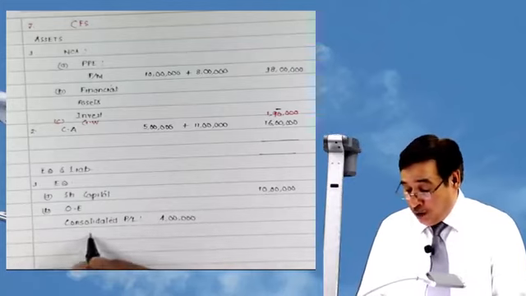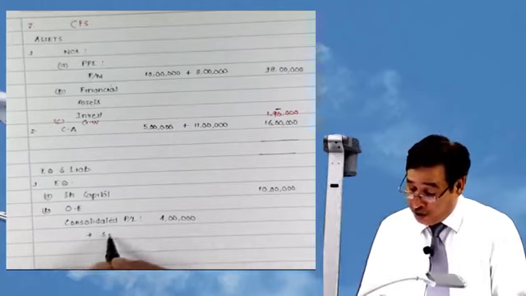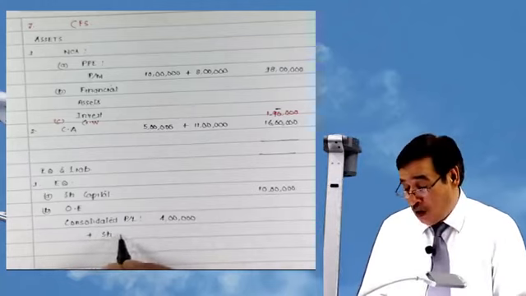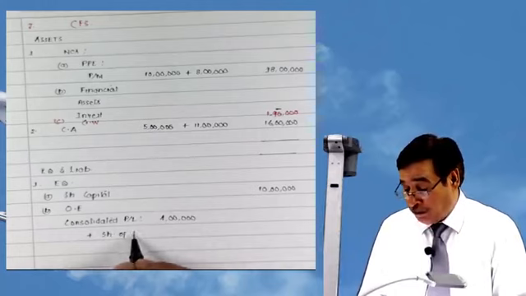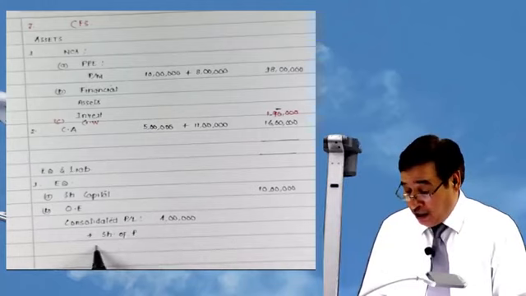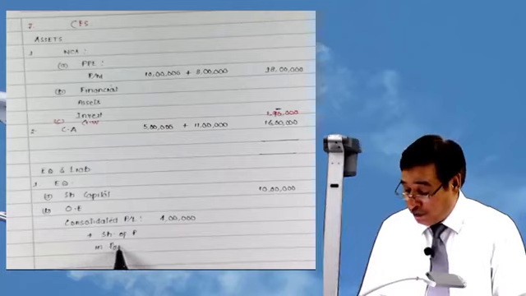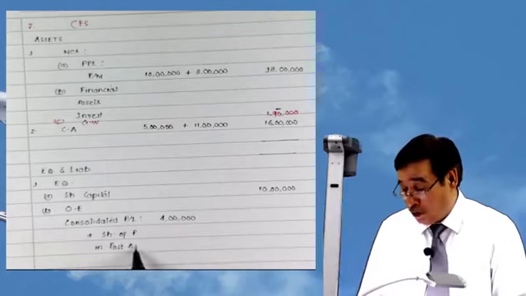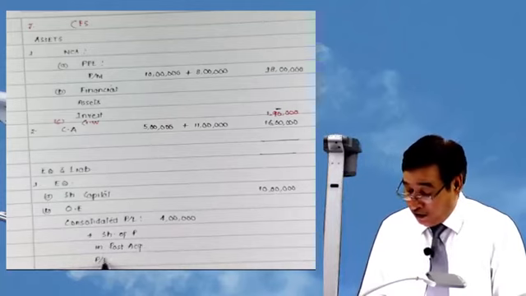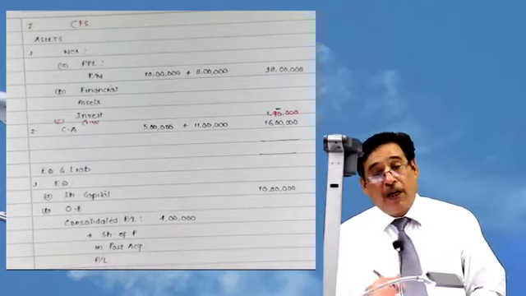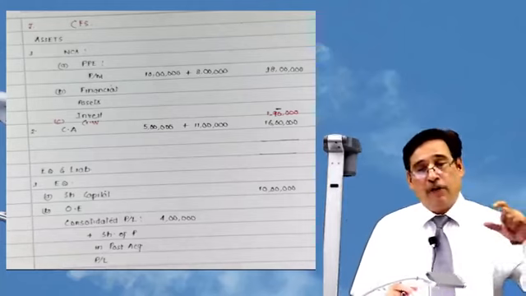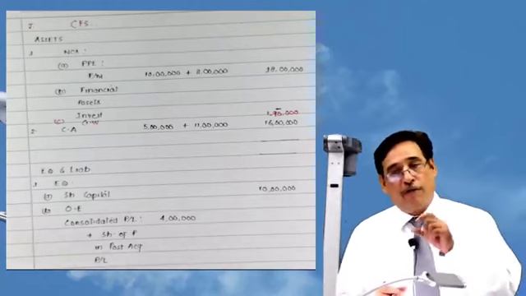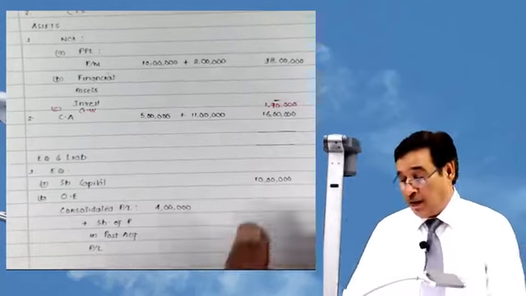Now add to it share of P limited, parent, in post-acquisition P&L. Look into that table. The post-acquisition P&L is 150, out of which 90,000 is our share, correct?